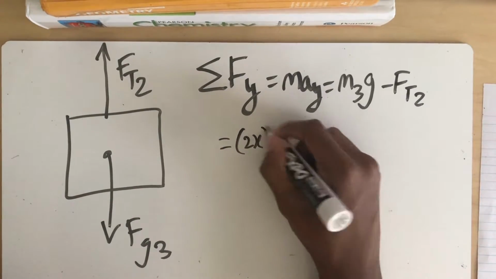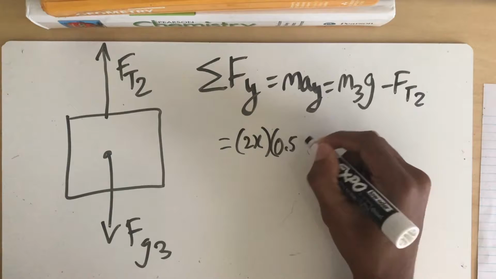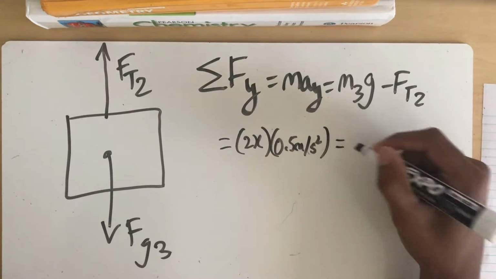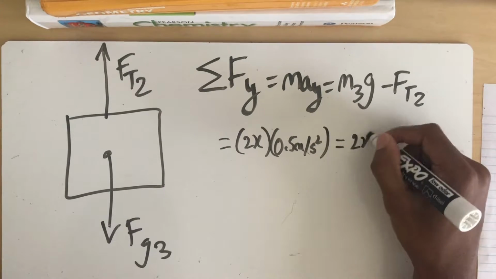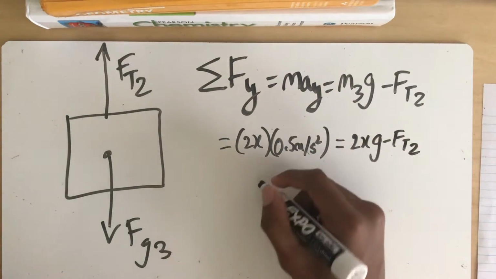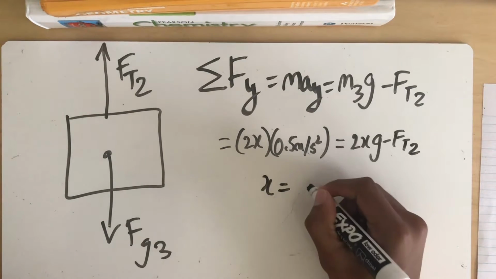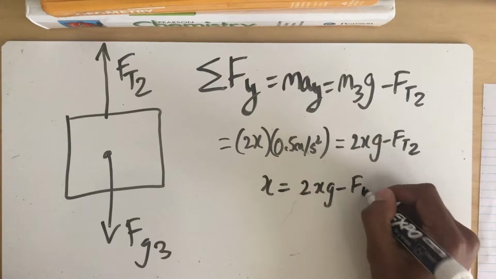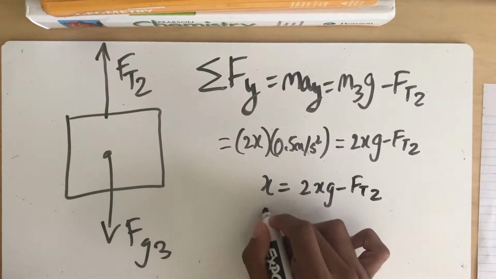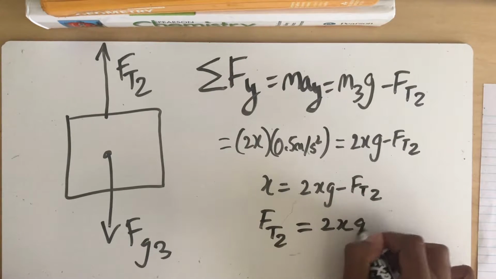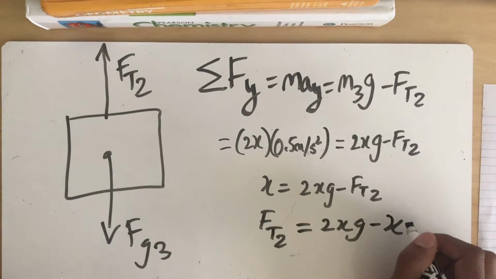And then substituting in values, we're going to have 2x for the mass and then 0.5 for the acceleration. And then we're going to have 2xg, which is just derived from the original mass of the third block. And then 2x times 0.5 obviously equals x, which is equal to 2xg minus Ft2. And then we can just switch around the terms, and we're going to get Ft2 equals 2xg minus x.